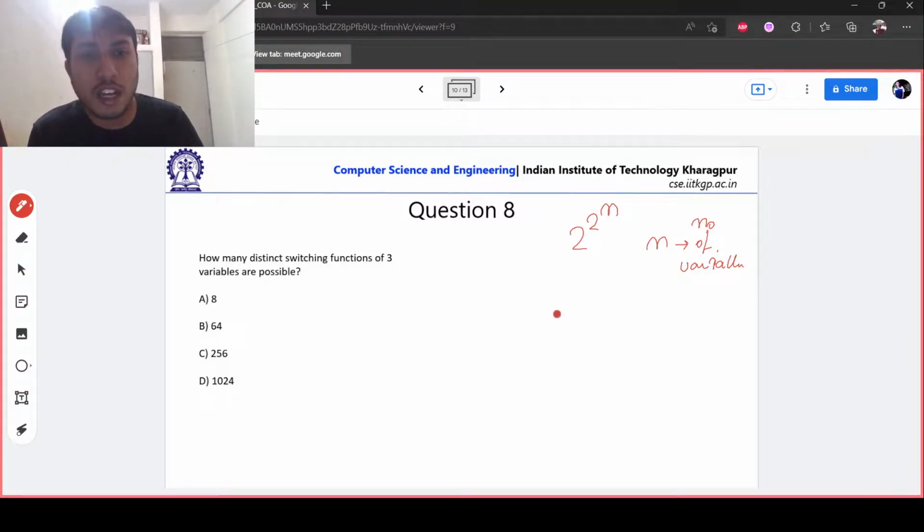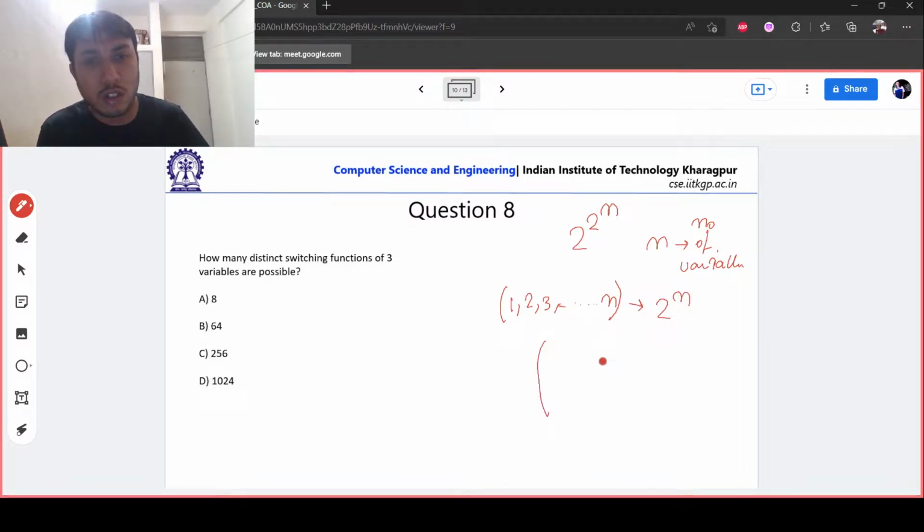So suppose there are n variables, so n variables 1 2 3 up to n. So we can pick any number of variables from them to form a literal. So the total number of combinations is 2 to the power of n.